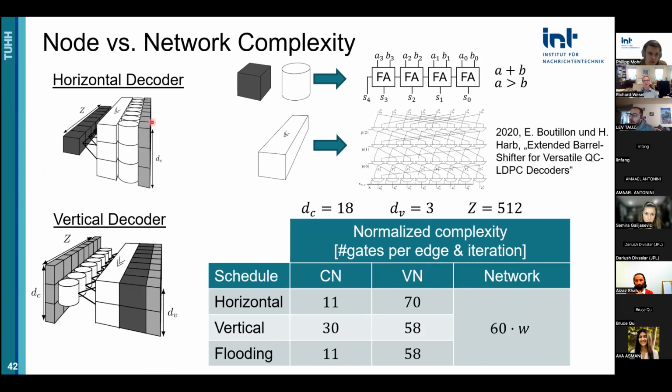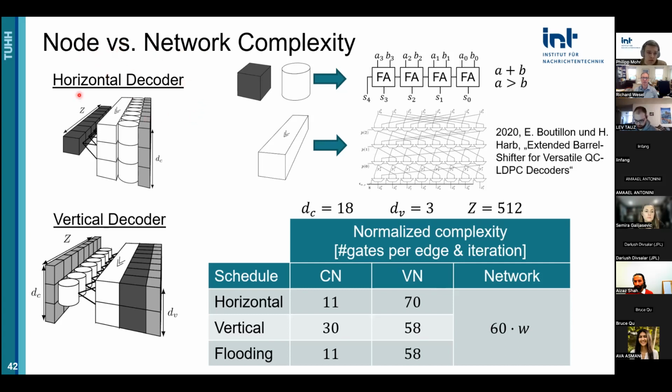And one important question we wanted to address is how important is it to optimize the node complexity versus the network complexity? Because we always work on improving both aspects, but I think it's important to get an idea how important the complexity reduction is with respect to each other.